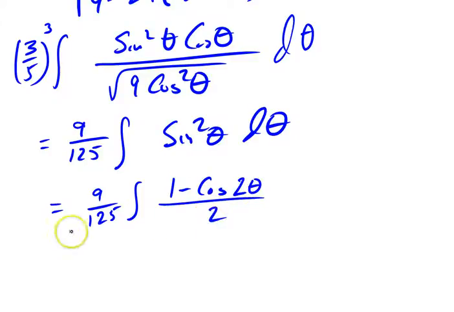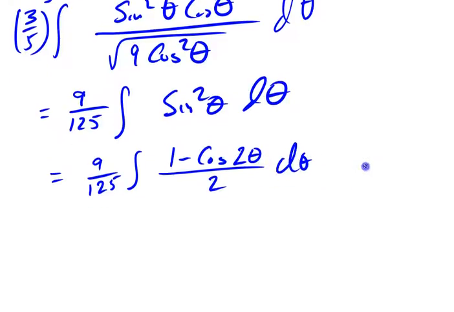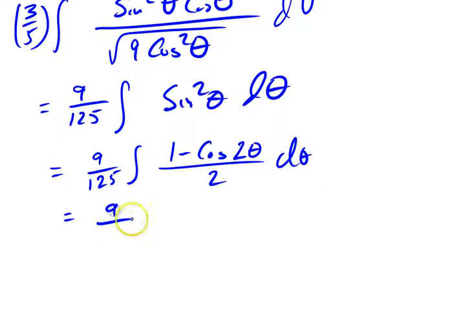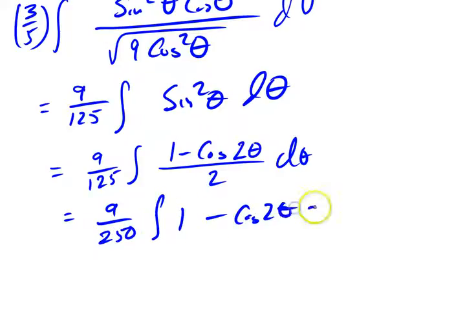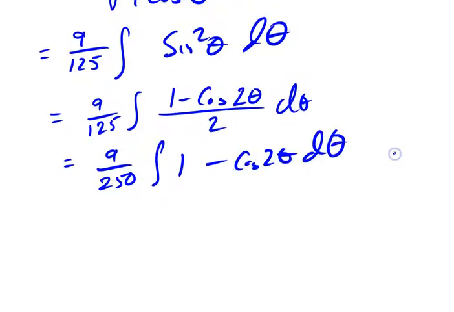The over 2 can come out in front here. And so I've got 9 over, there's a 2 down here, so this would be 9 over 250 times the integral of 1 minus the cos 2 theta, d theta.